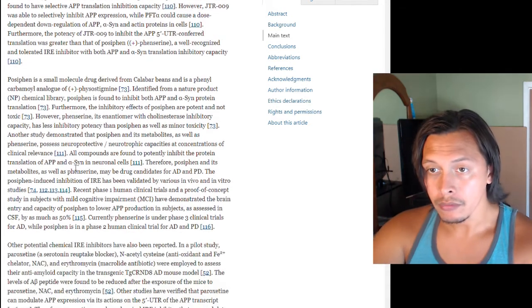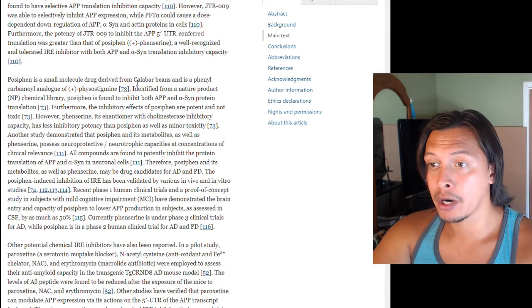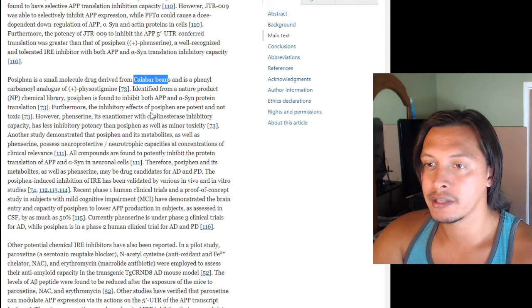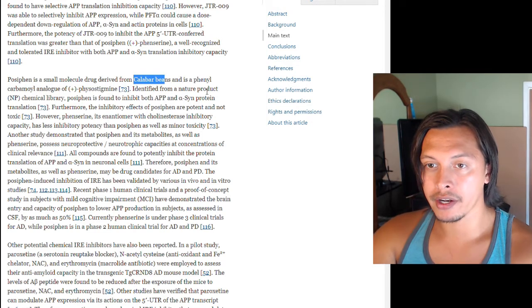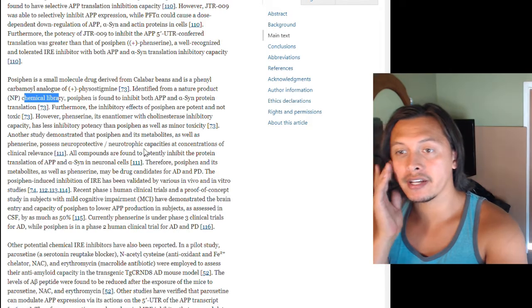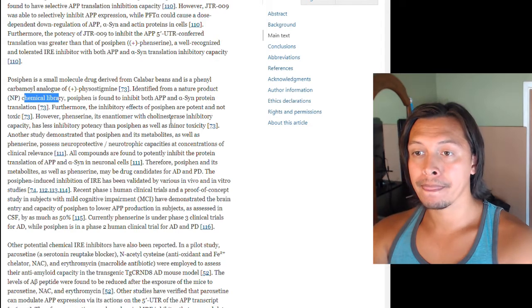So, posifen is a small molecule drug derived from calabar beans and it is a phenylcarbamoyl analog of positive physostigmine. Okay, so identified from a natural product NP chemical library, posifen is found to inhibit both APP and alpha-synuclein protein translation.